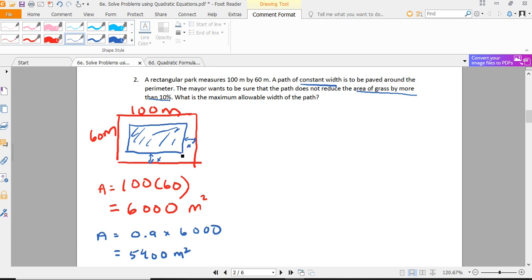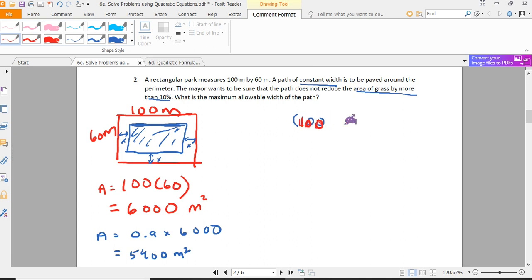Okay, so what is the maximum allowable width of the path? Well, we need to look at this and think, what should be my new width, or length? So my new length, originally was 100. In fact, I'm going to make that red so you can see where the 100 came from.